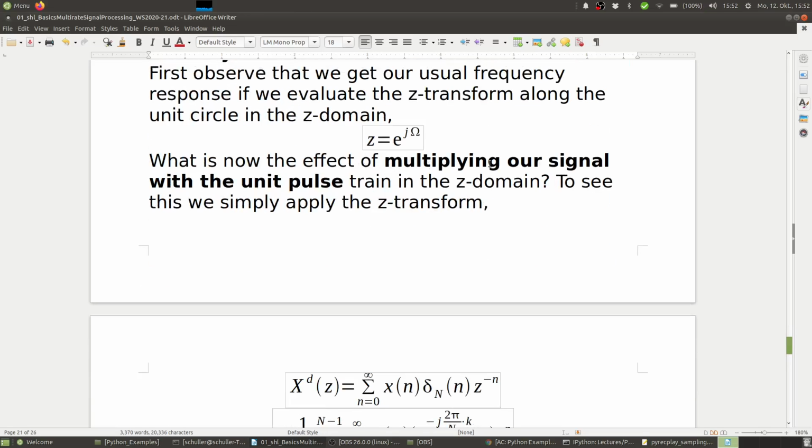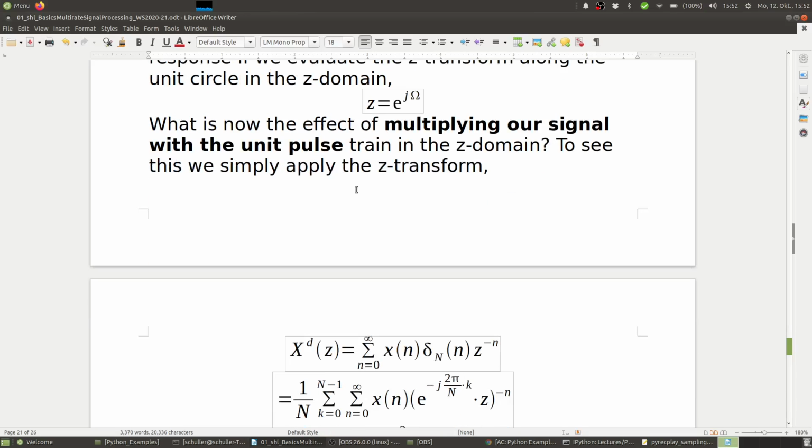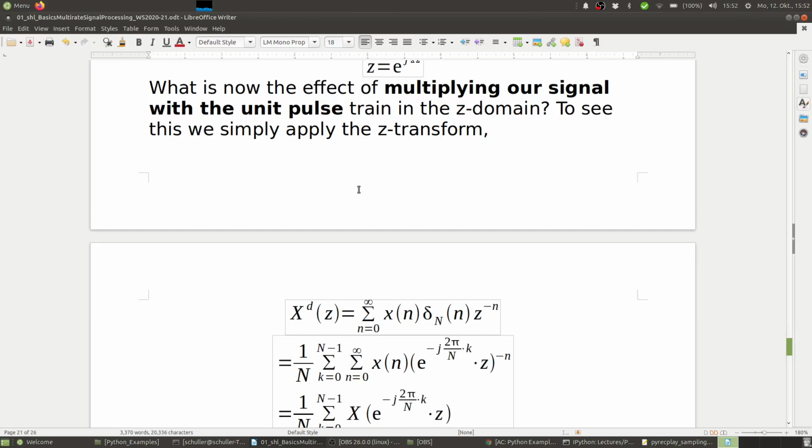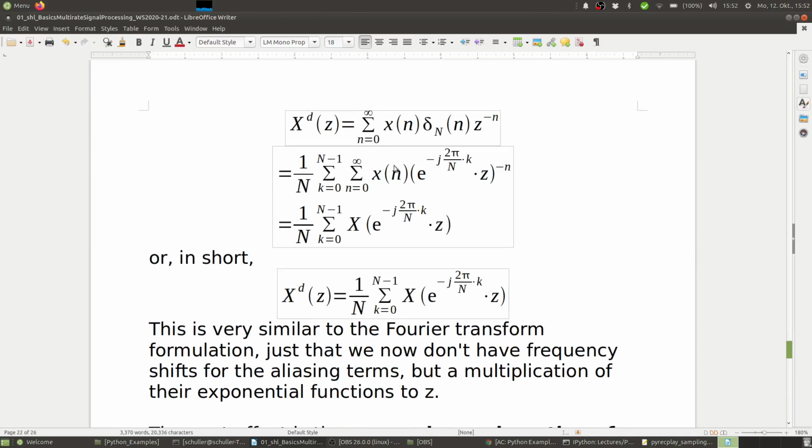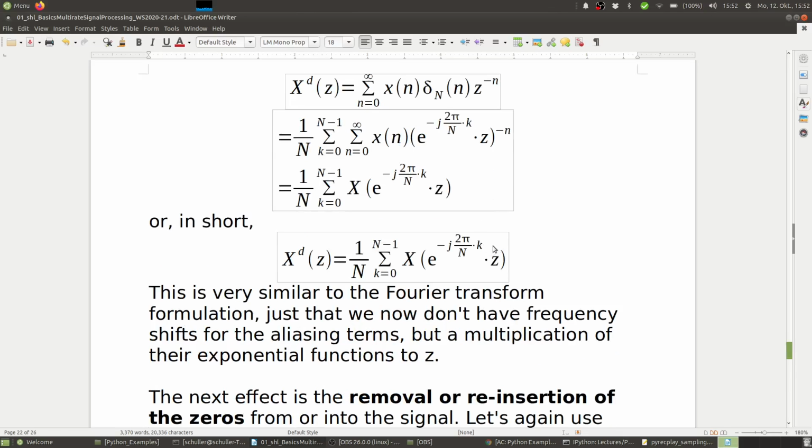What is now the effect of multiplying our signal with a unit pulse train in the Z domain? To see that, we simply apply the Z transform, as we did before, now in the Z domain. Here is our sampled signal, applying the Z transform to it. And you can see the result is almost the same, except that instead of having a shift of omega, we have a multiplication by e to the minus j 2 pi over N times k, this frequency index.